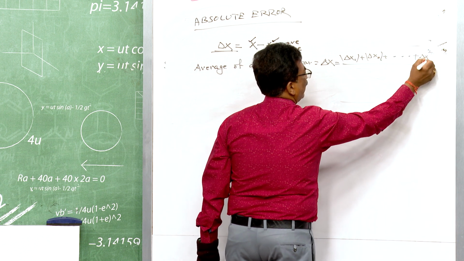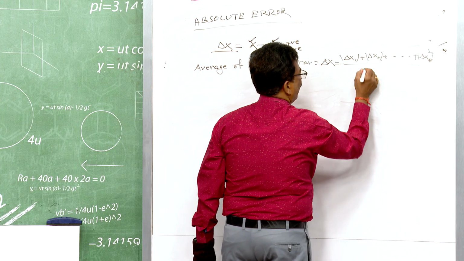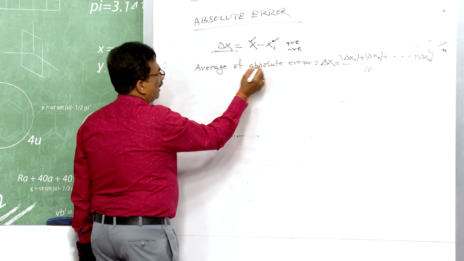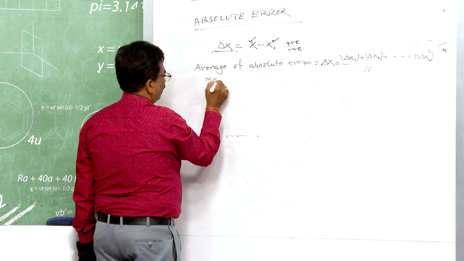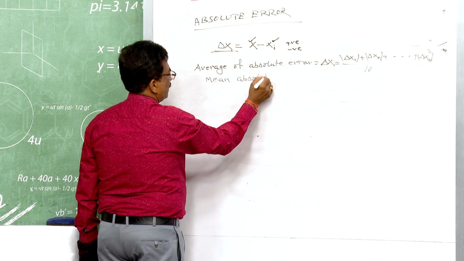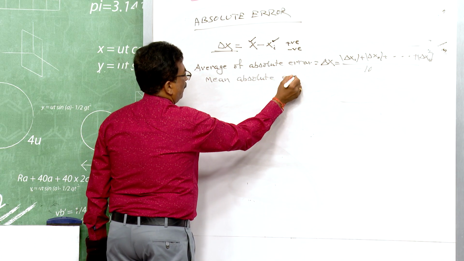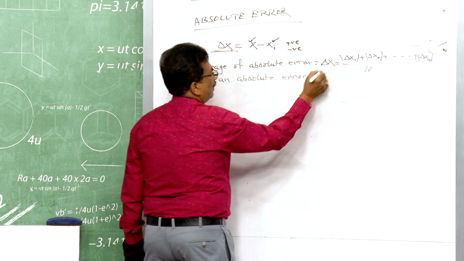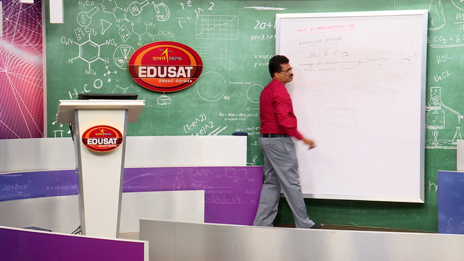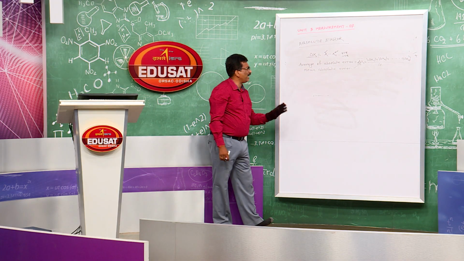Suppose the last is del x10, then you divide by 10. This is called the average absolute error or the mean absolute error. In some books it is written as del x, in some books you will also find del x bar.